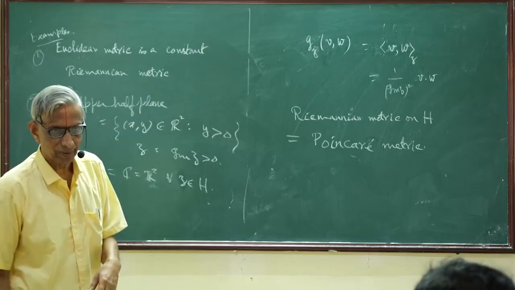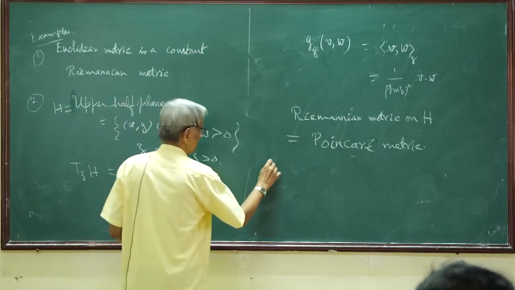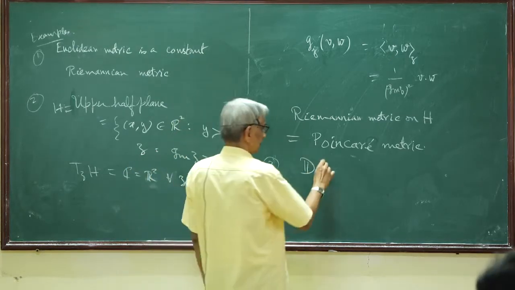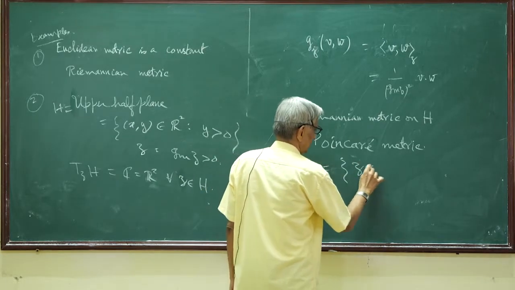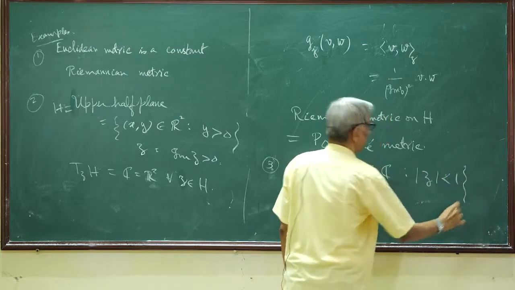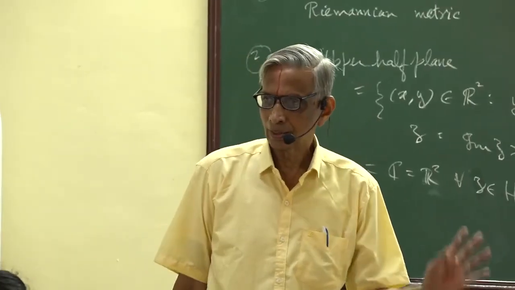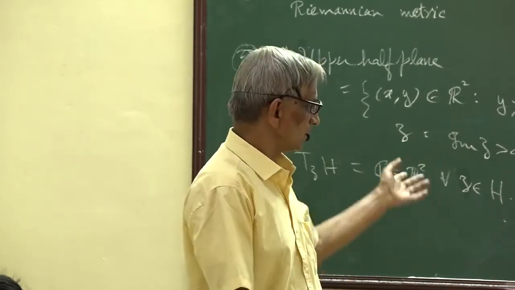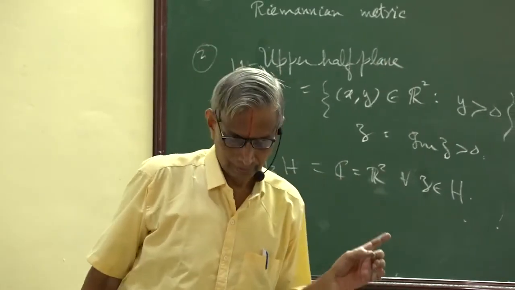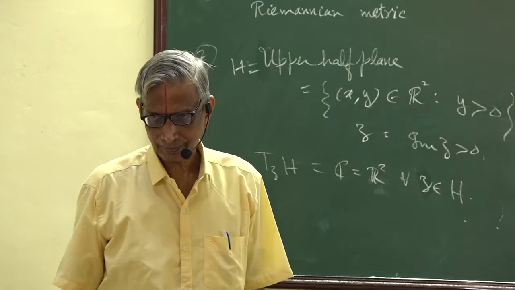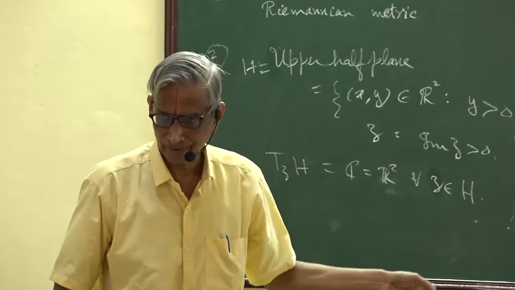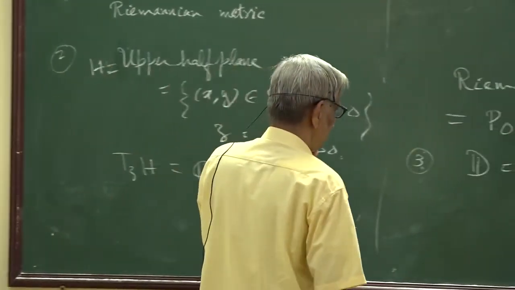You also have the disk model. Unit disk. So again, you take, of course, here again the tangent space at any point is a whole plane. Okay, define the inner product. Take the usual Euclidean inner product and multiply by something, a function of z. Okay.